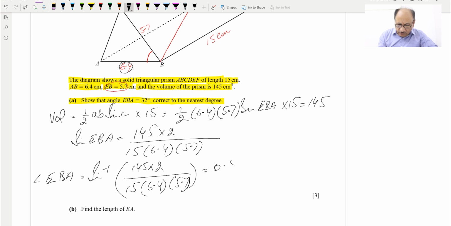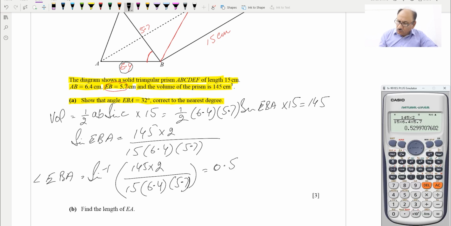So basically we have not taken sine inverse, so we'll take shift sine. Shift sine of the answer will be giving us 32.24.